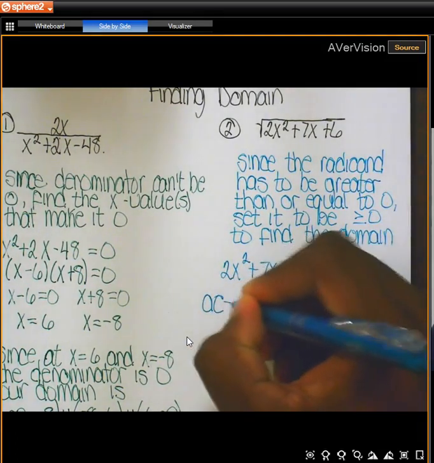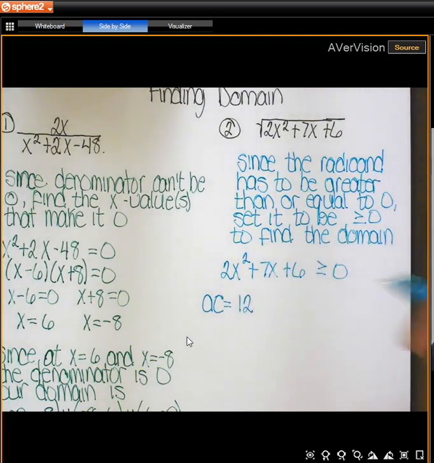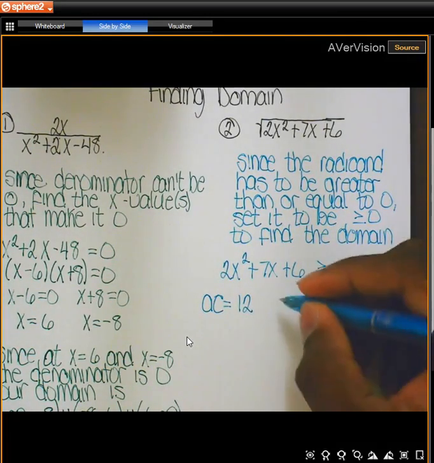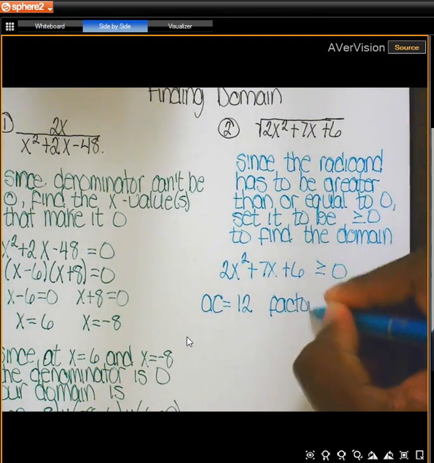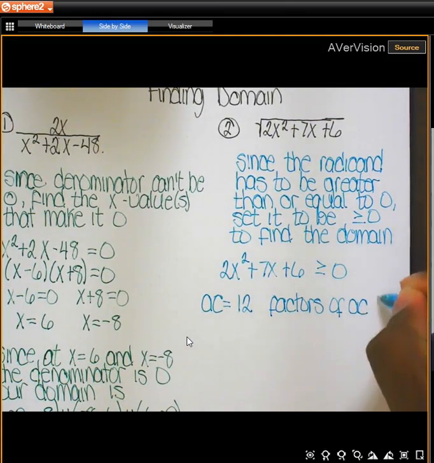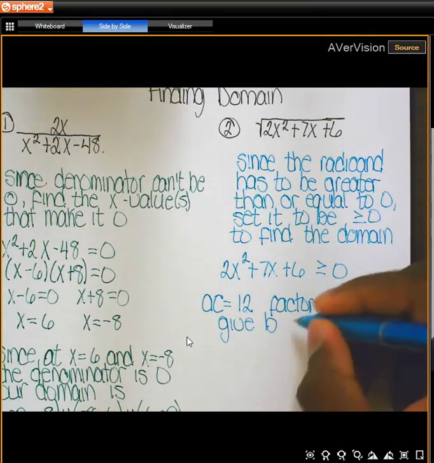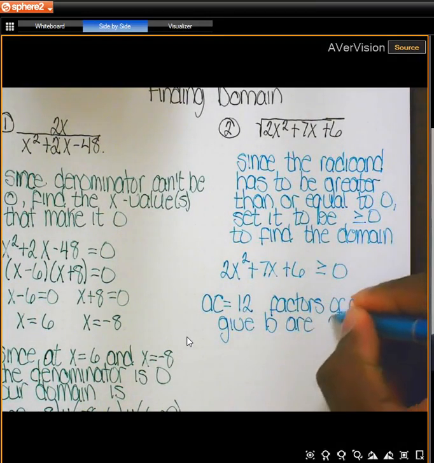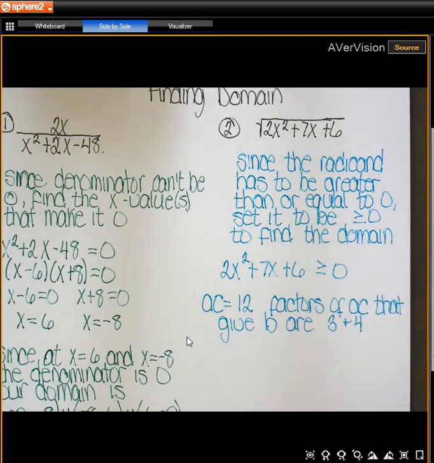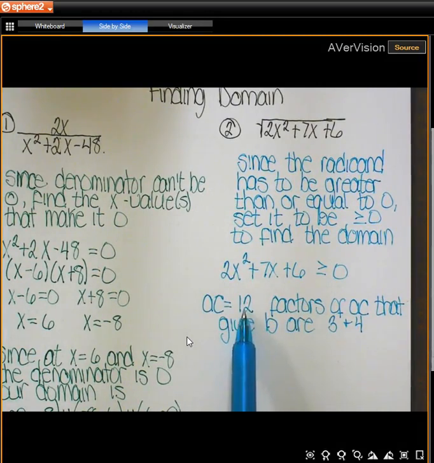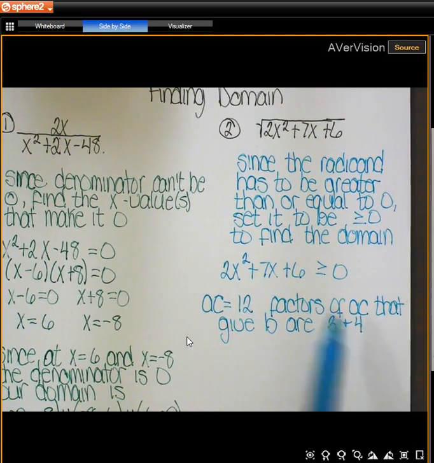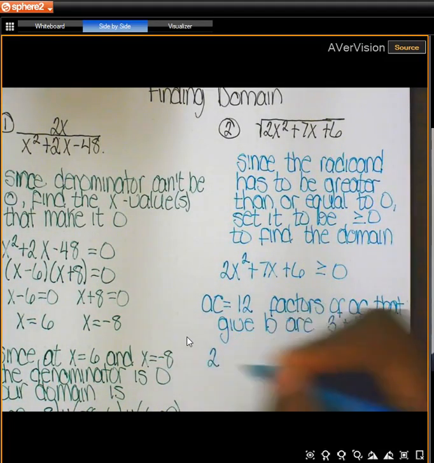So AC, and then we find factors of AC that combine to give us B. So after we multiply A times C to get 12, we find factors of 12 that combine to give us 7. 3 plus 4 is 7, and 3 times 4 is 12, so that works out. So we take 3 and 4 and replace it for 7.